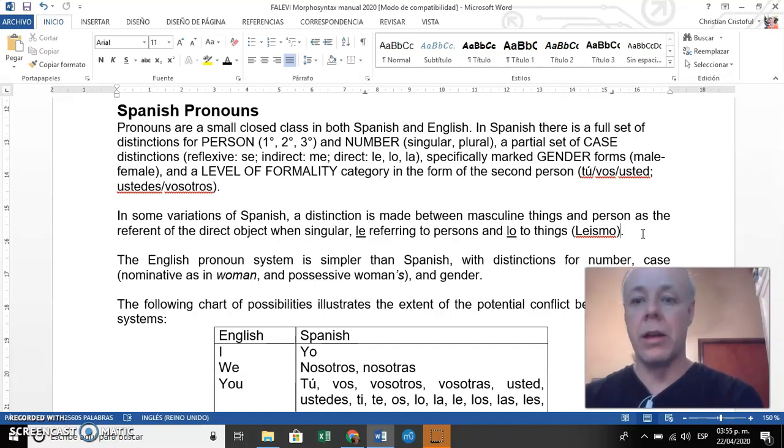Le and lo, right? In Paraguay, for example, we never say lo for things. Le pinté. Let's suppose we say le pinté a la mesa, okay? We would never say la pinté a la mesa. That would sound very weird. We don't use le, la.